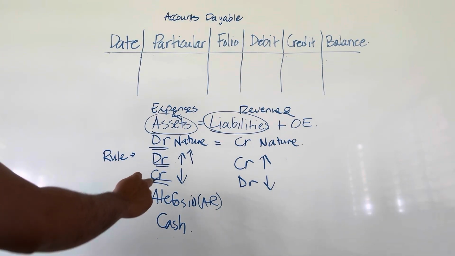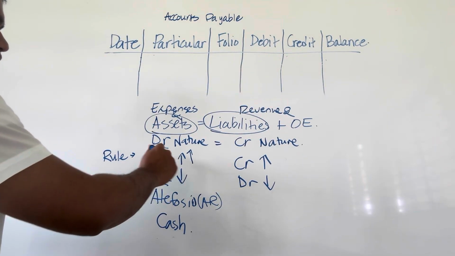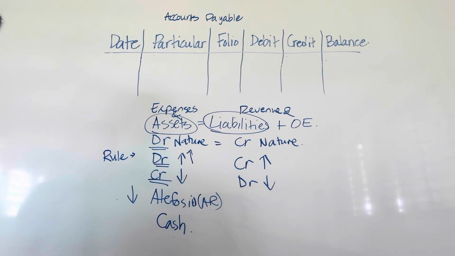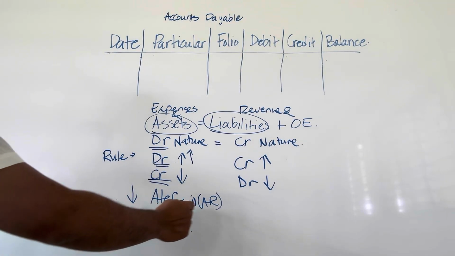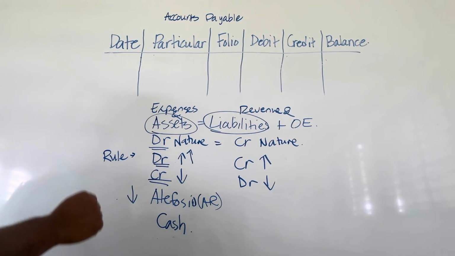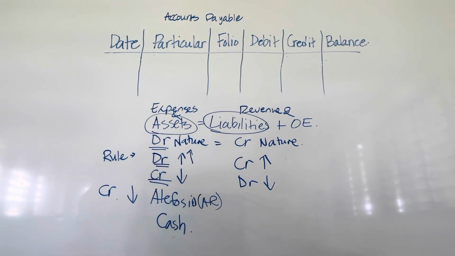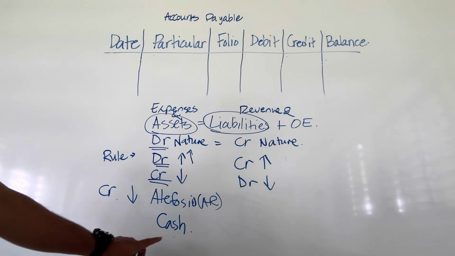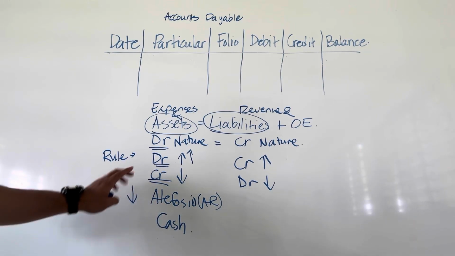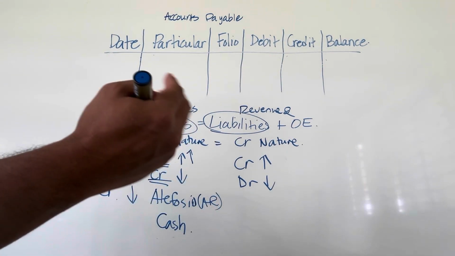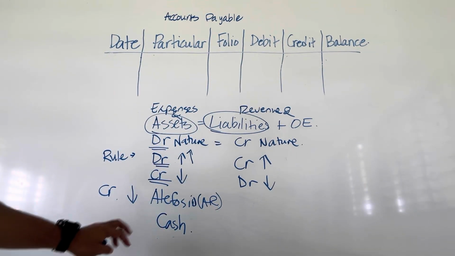For assets, it's a credit to decrease and a debit to increase. Since Alifosio's account is decreasing in this case, it's a credit entry. Whereas cash is increasing, because the business is receiving money from Alifosio.